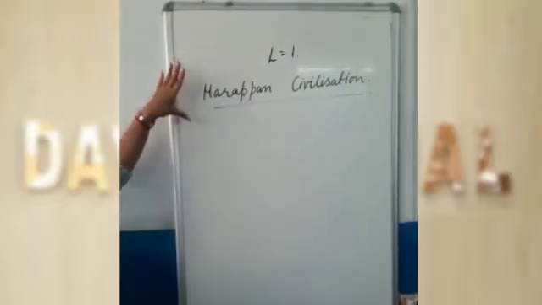The first chapter of the first book, as you see on the blackboard, is the Harappan Civilization. I think in junior classes you already heard about the Harappan civilization or the Indus Valley civilization.